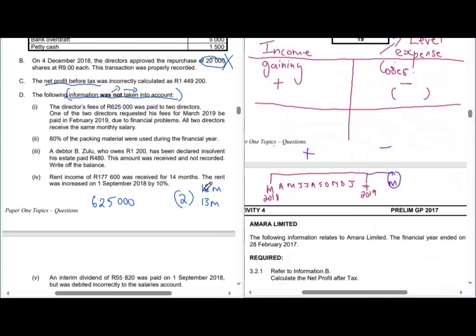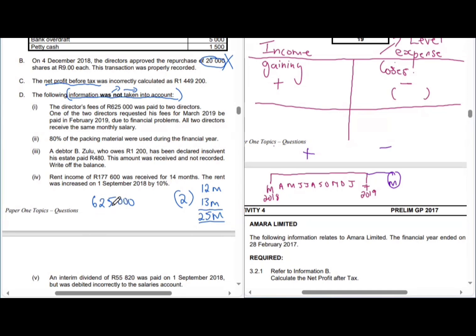Now let's calculate in total how many months we have. It's 12 months of the first director plus 13 months of the other director. So all the months that we have now are 25 months.